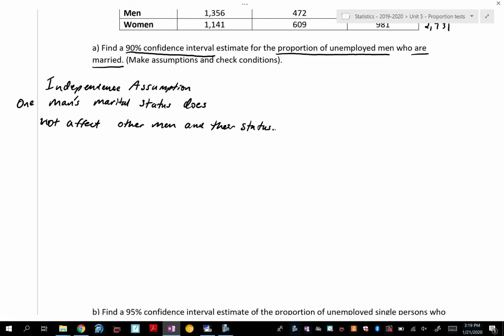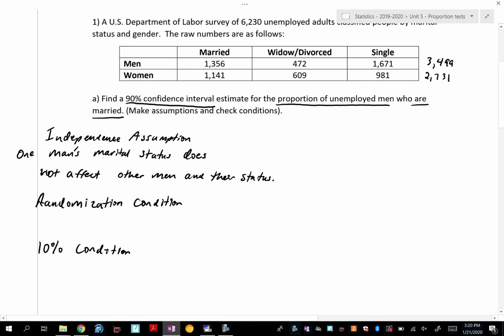Okay, what conditions do we need to check with this assumption? Randomization. And 10%. Okay, so in my problem, I hope that I read something about a random sample of men. Let's see.